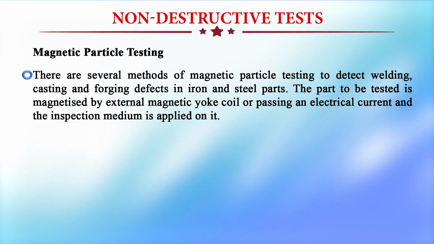The next test is magnetic particle testing. There are several methods of magnetic particle testing to detect welding, casting and forging defects in iron and steel parts. The part to be tested is magnetized by an external magnetic yoke or coil, or by passing an electrical current, and the inspection medium is applied on it.